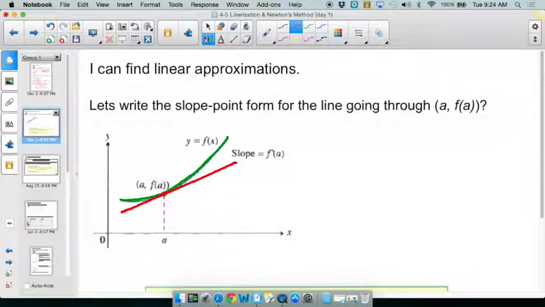We're literally going to write the equation for the tangent line through that point A. So if we want to write the equation for that tangent line, we have a point and we have the slope. And so we can write the point slope form of the equation of that line.